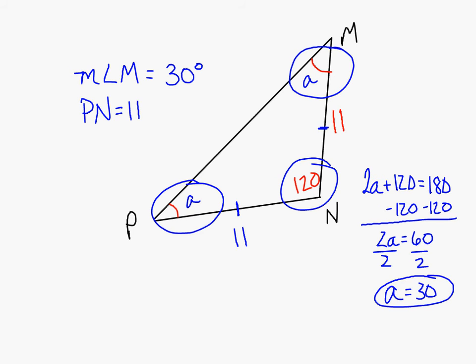So you've got two that are equal, plus the third one, the 120, and the sum is 180. That's your setup. You could have subtracted 120 from 180 and said I've only got 60 degrees left, and these two A's have to add up to 60. But that ended up being the second step here anyway.